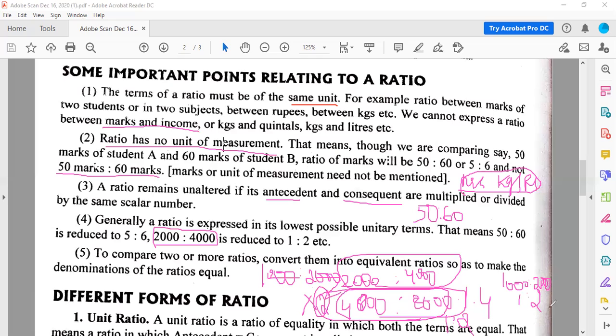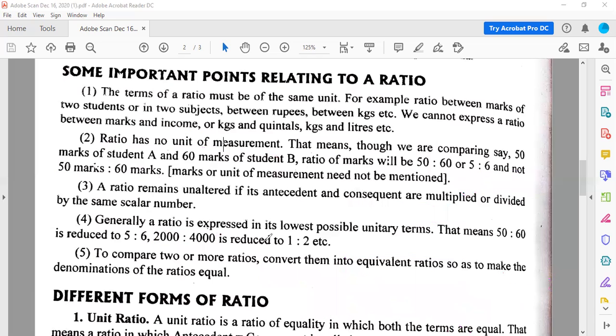Now the next point: generally the ratio is expressed in its lowest possible terms. Now if you take this number, 5 is a prime number, and 6 you cannot reduce it along with 5, since both the numbers have to be reduced.